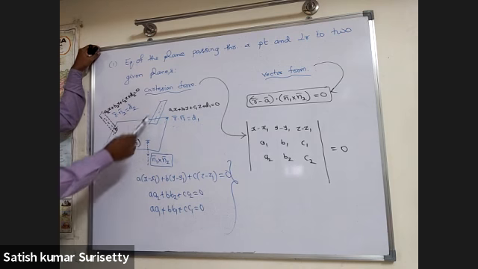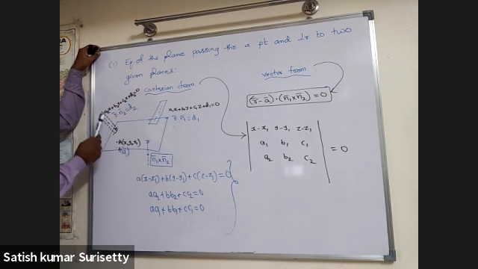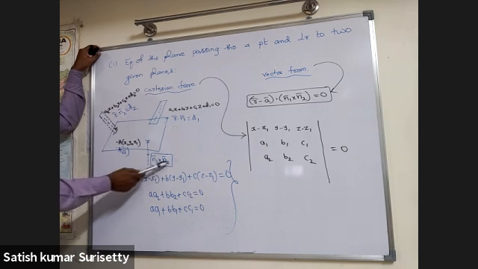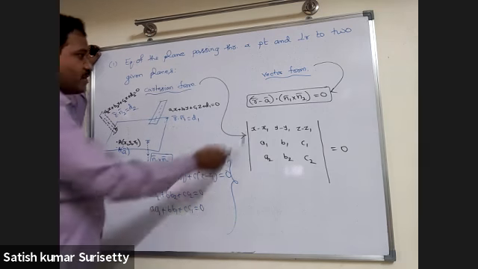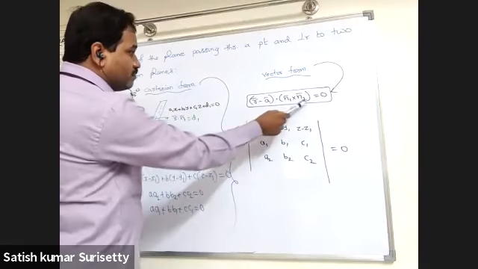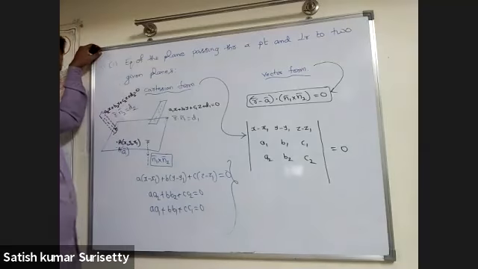The normal vector n1 bar is perpendicular to the first plane and n2 bar is perpendicular to the second plane. So their cross product will be perpendicular to the plane passing through the point (x1, y1, z1). So the equation of the plane passing through a point with position vector a bar and a normal vector n1 bar cross n2 bar can be written as (r bar minus a bar) dot (n1 bar cross n2 bar) equal to 0.